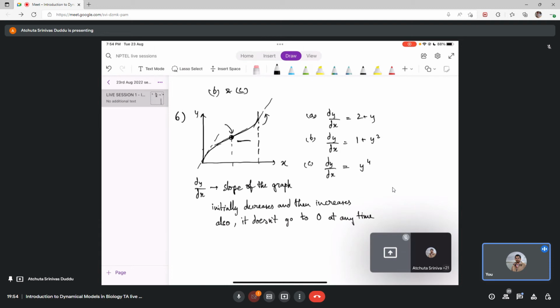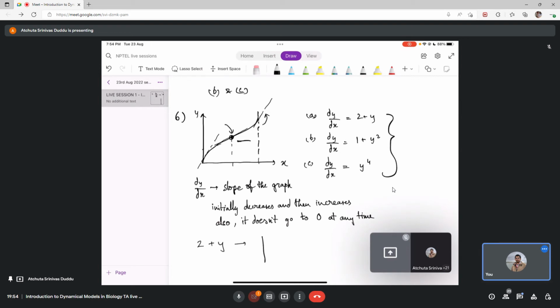So the three equations A, B, C here are essentially equations giving us the slope of the graph. So which of these functions behaves in this fashion, decreasing and then increasing, but not going to 0 at any point? The first one, 2 plus y, is essentially a linear monotonous graph.